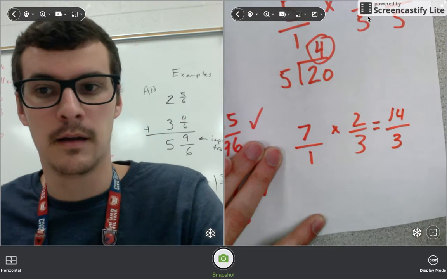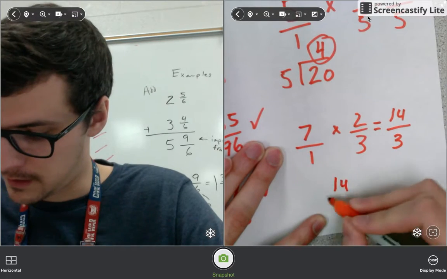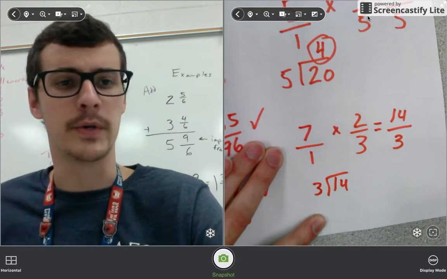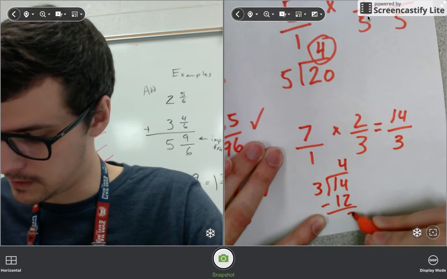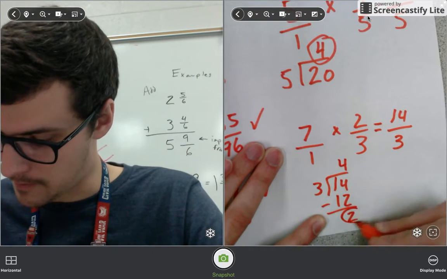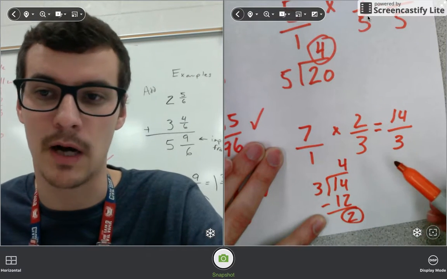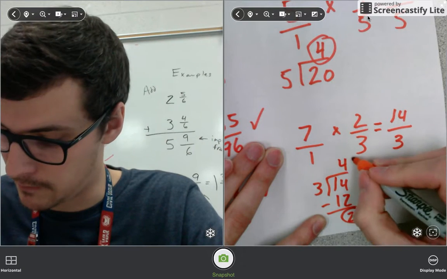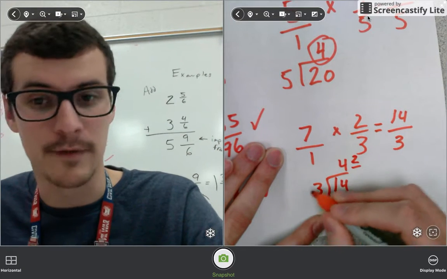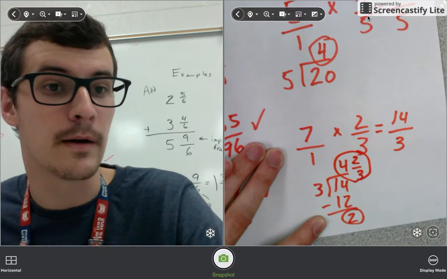Now, it's not going to work out perfect like this one did, but we can still do 14 divided by 3. 3 can go into 14 4 times. That would be 12. I'm going to take my number here. That would normally be my remainder, but since we're converting an improper fraction into a mixed number, this becomes my numerator. My divisor becomes my denominator. So my answer would be 4 2/3.